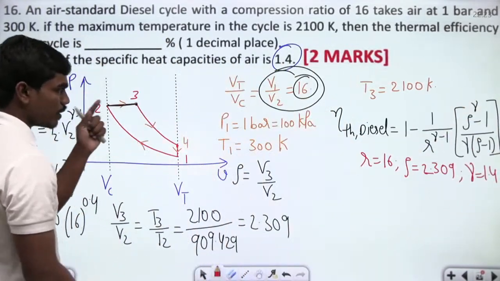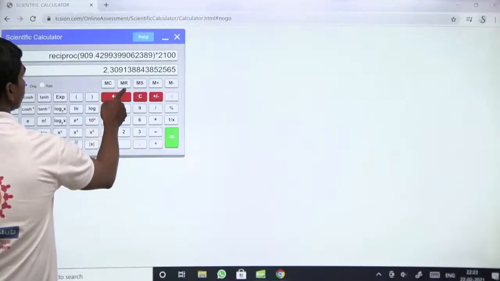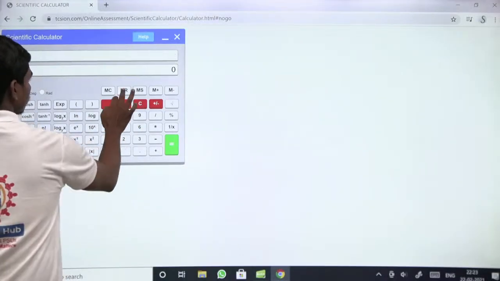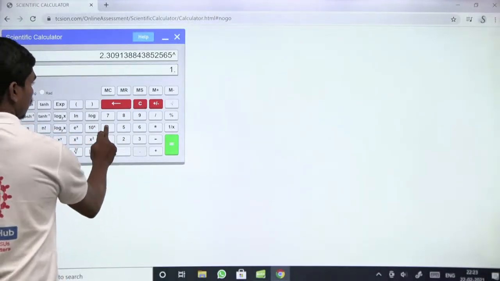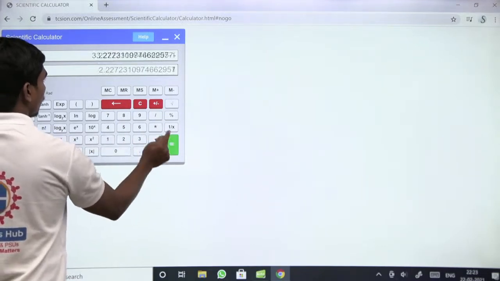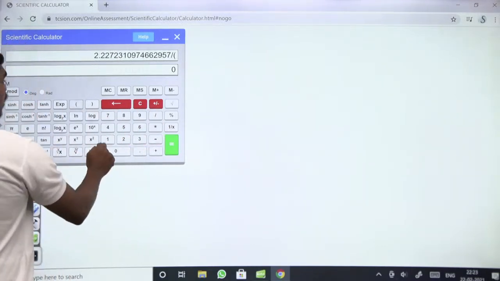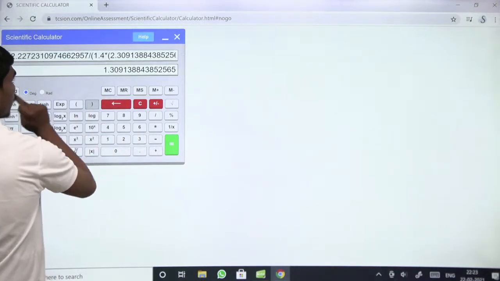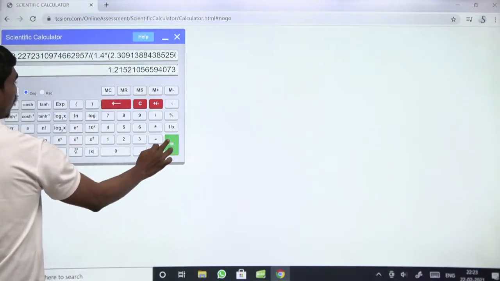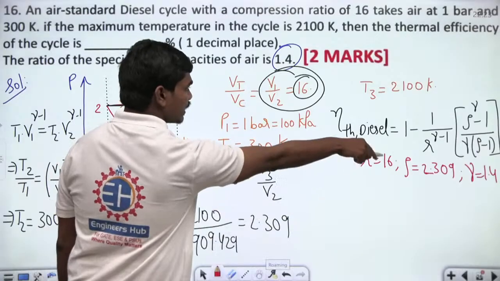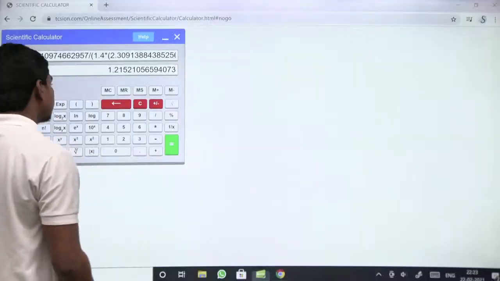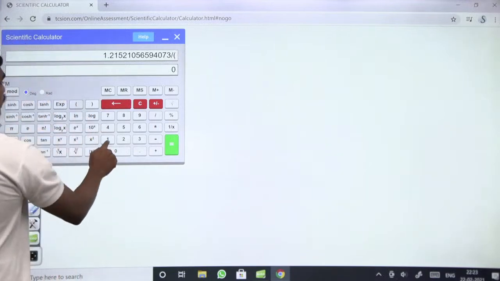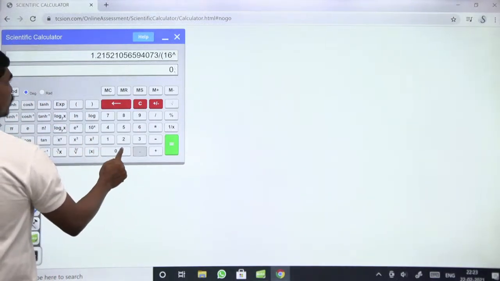So let us quickly calculate all these things. Rho power gamma minus 1, divided by gamma into rho minus 1. So this is the value. Of course, this has to now be divided by R power gamma minus 1, which is 16 power 0.4.